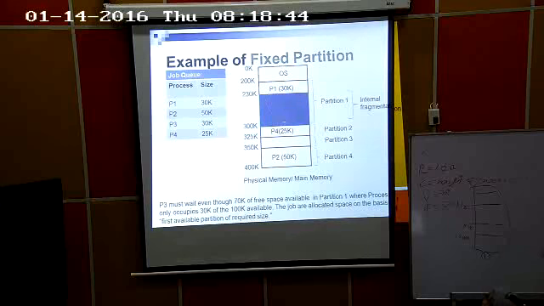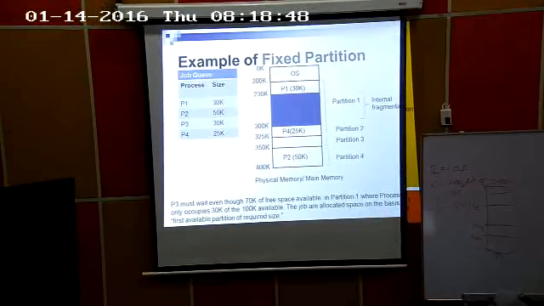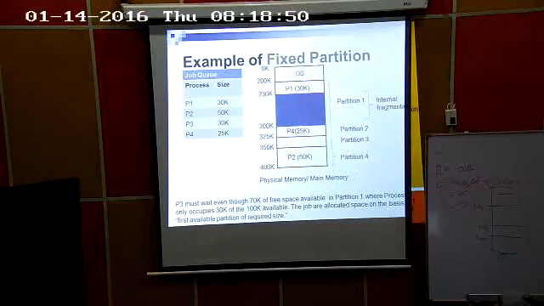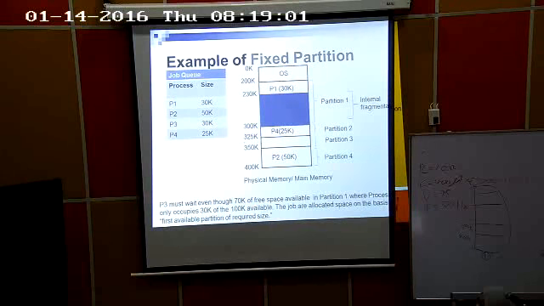Where? In P1. Okay. The jobs are allocated based on the first available partition of required size. Yeah? The theme or the objective for fixed partition is that it first occupies only the first available partition of required size.